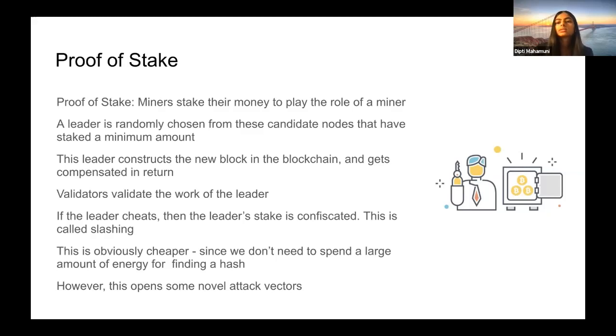The money that was in the leader's stake gets slashed as a consequence of being dishonest. So this prevents leaders from cheating and doing bad things. And this algorithm is obviously cheaper as compared to proof of work because it's not as time or energy consuming. However, it did allow for some novel attacks to be introduced that it is vulnerable to.